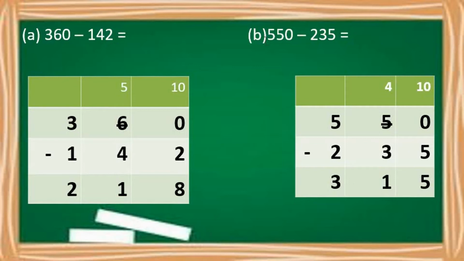Second question, question number B: 550 minus 235. So let's solve the question. 0 minus 5. Students, can we take 5 from 0? No, we cannot.